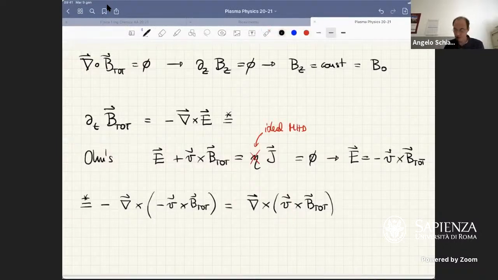Okay, so we have that our time derivative of B is equal to the curl of V vector product B0 plus V vector product B of the wave.